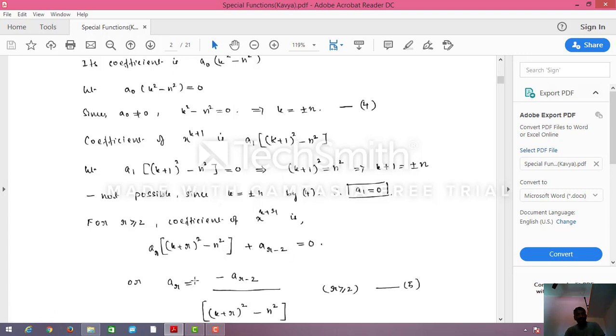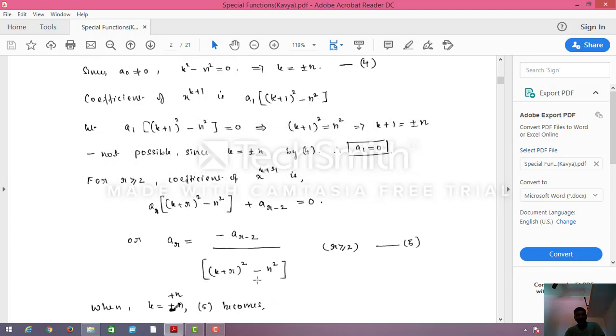Now A_r equals minus of A_(r-2) divided by k plus r whole square minus n square, for r greater than 2.